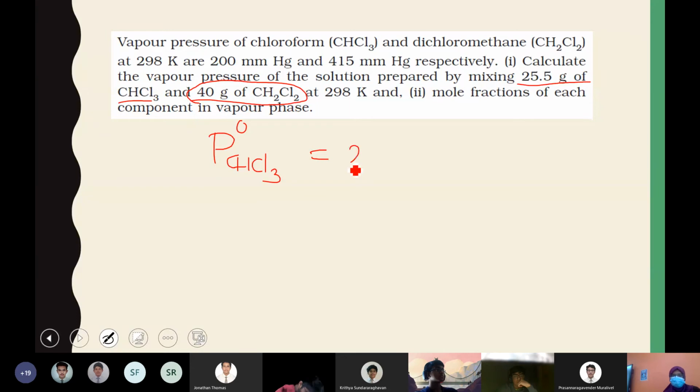Yes, sir. 200 millimeter mercury. Millimeter mercury is actually a unit of pressure, right? Then you have dichloromethane in the pure form, p0, which is equal to 415.